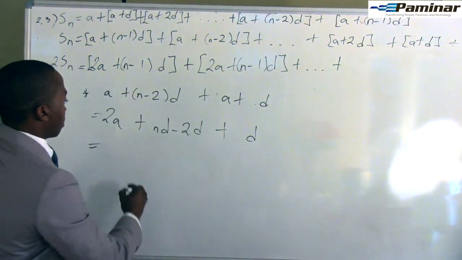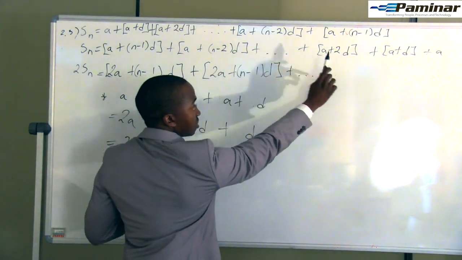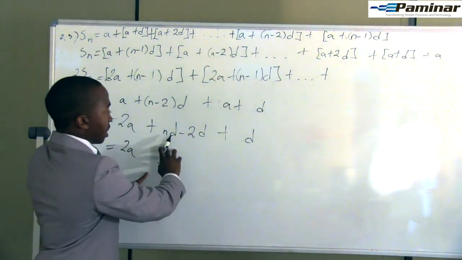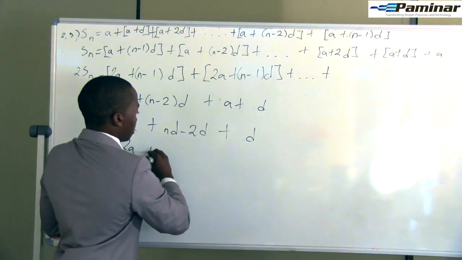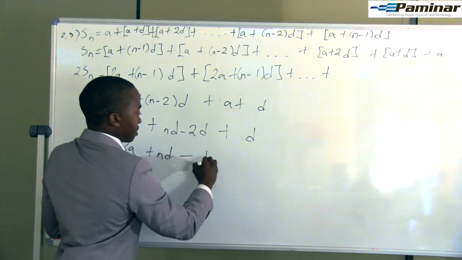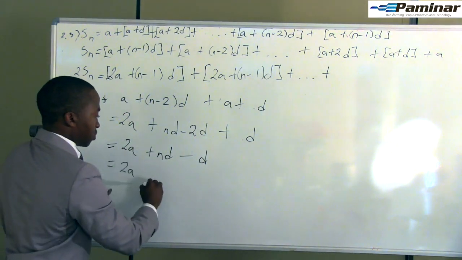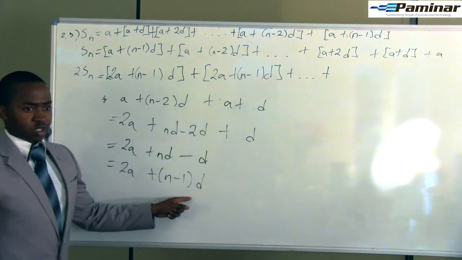In other words, you've got your 2A, then we're adding the second last term to the second last term of our second sequence. So the nd minus 2d plus d becomes minus d. Then once again, we'll have 2A plus (n minus 1)d.